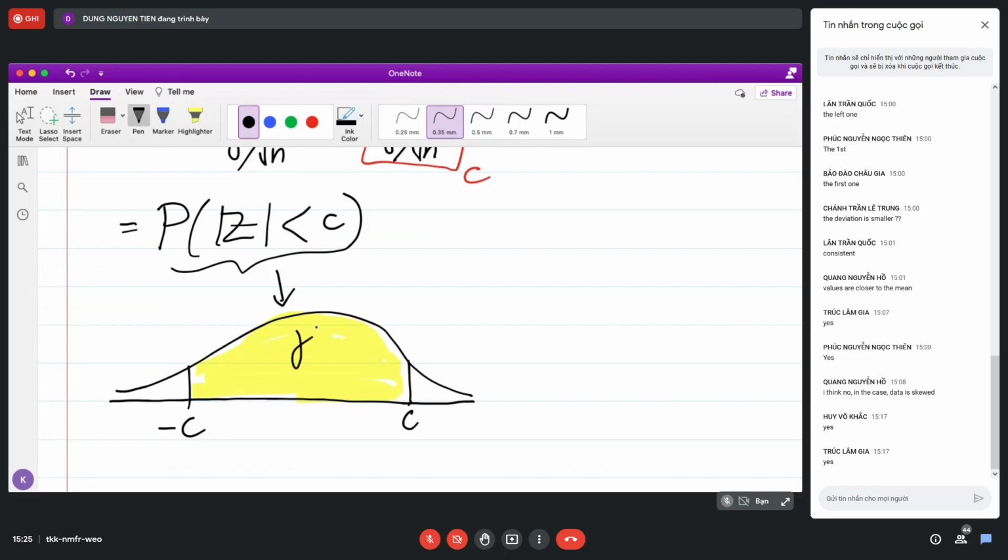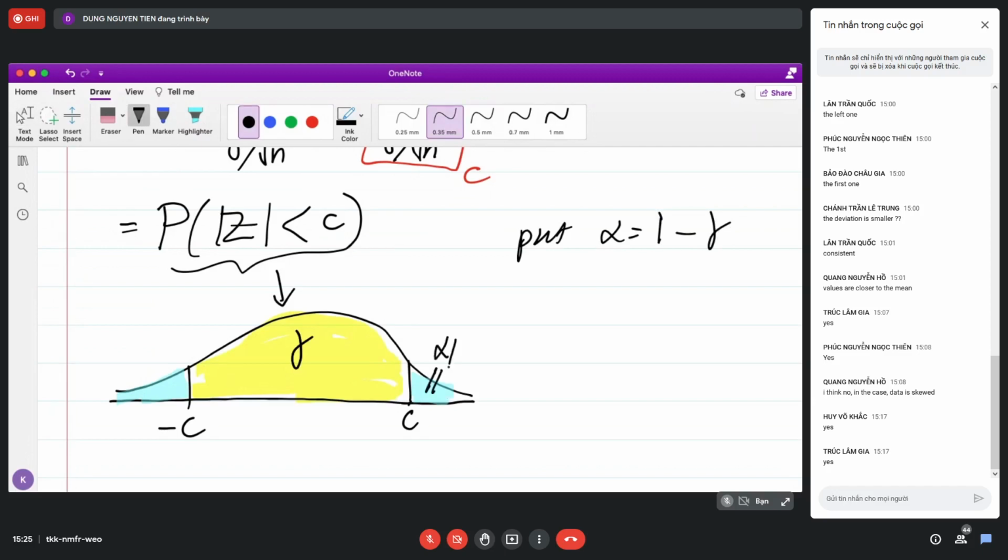This is gamma. Then I can compute the area of these two tails, and let's say I put alpha to be 1 minus gamma. Because the distribution is symmetric, these two tails are the same.